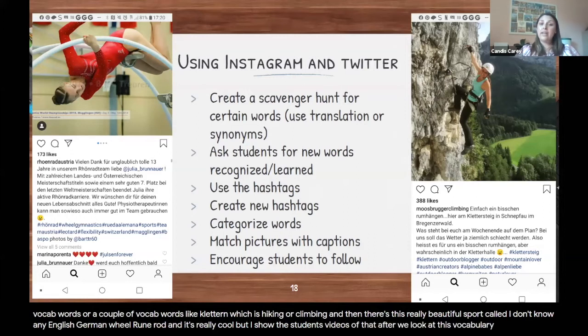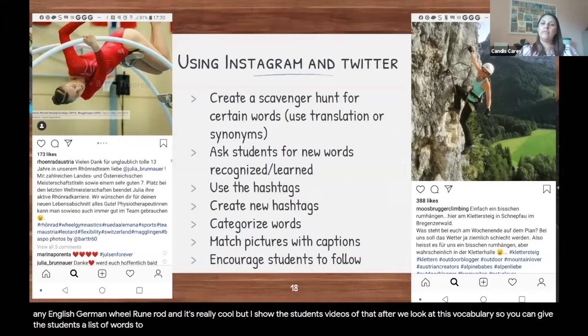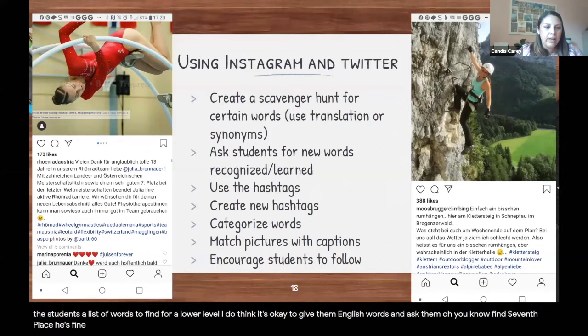So you can give the students a list of words to find. For a lower level, I do think it's okay to give them English words and ask them, you know, find 7th place, find career. A lot of time they're cognates or really related words, okay?